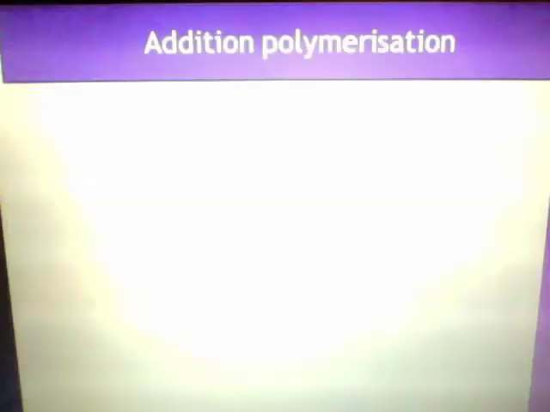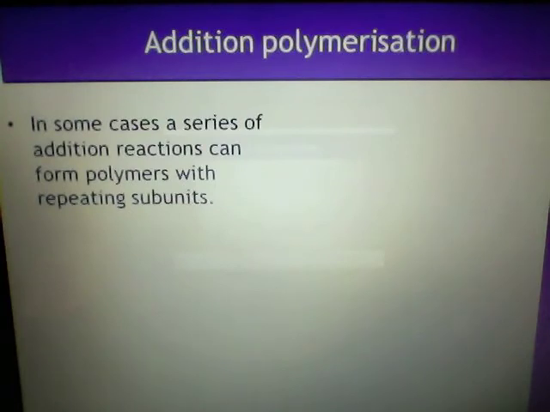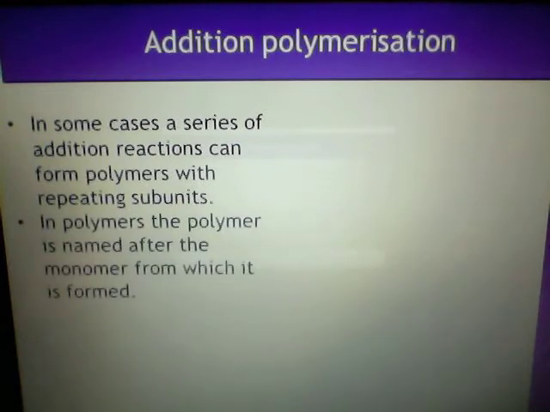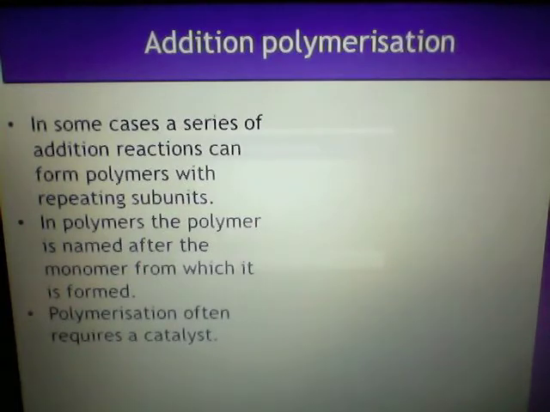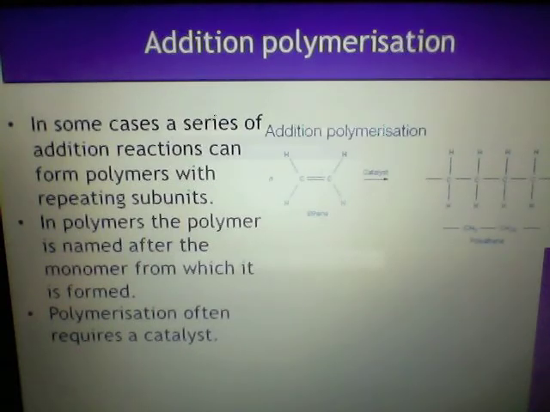So in some cases, we can have addition reactions where they form polymers. The polymer is named after the monomer from which it's formed. They require a catalyst. Okay? Catalyst is not so important in year 11, but it definitely is in year 12. It's something that speeds up a reaction.